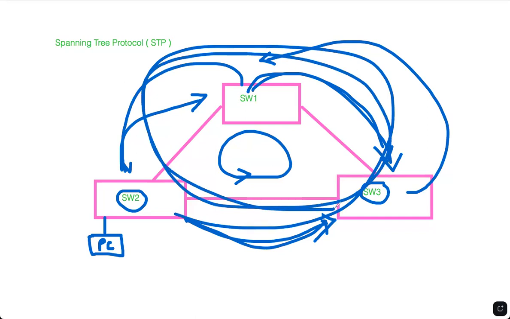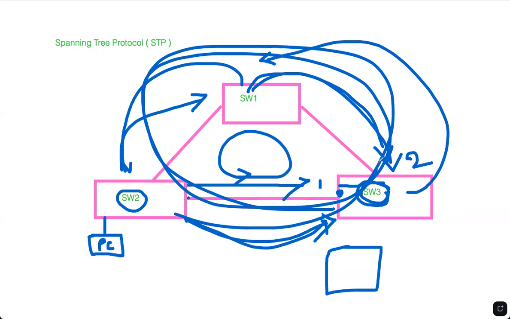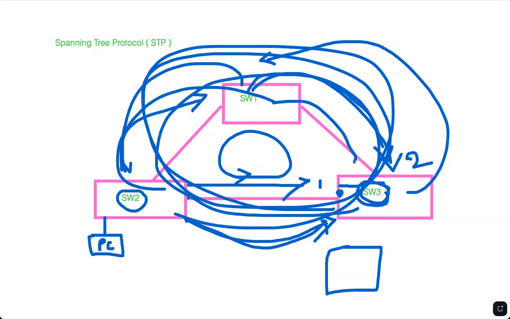So when there is a continuous loop in the network, that will cause the MAC address table to flood. If you look at the MAC address table of switch 3, that MAC address will be learned from this port, let's say port 1, and also via port 2. So it will learn the MAC address from port 1, and also it will loop and learn it via switch 2 as well, because switch 2 will be sending to switch 1 and switch 1 will be sending to switch 3.